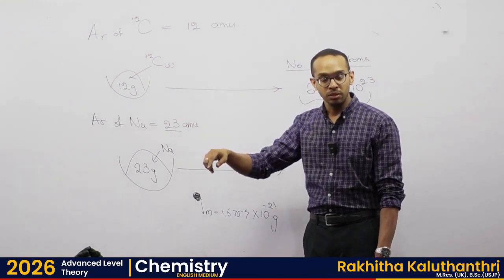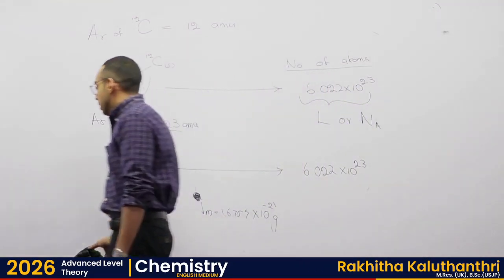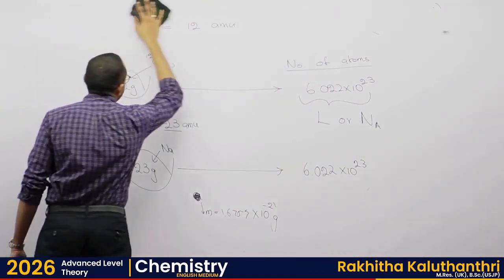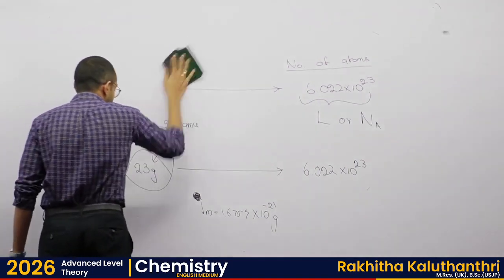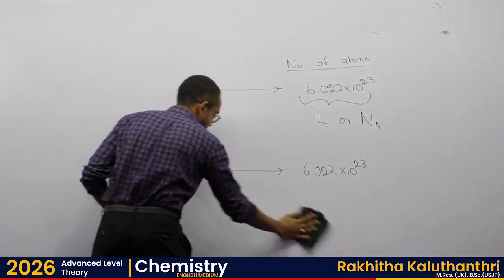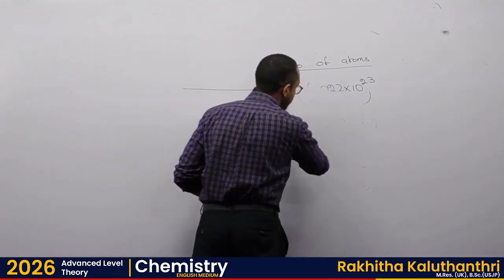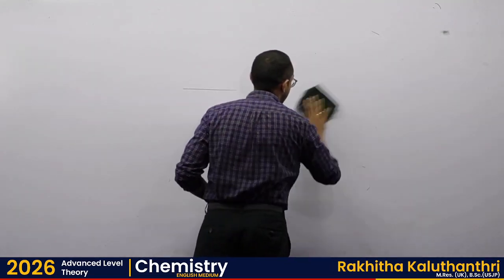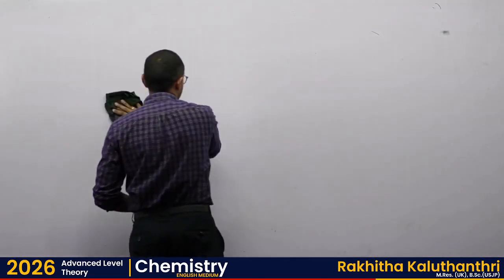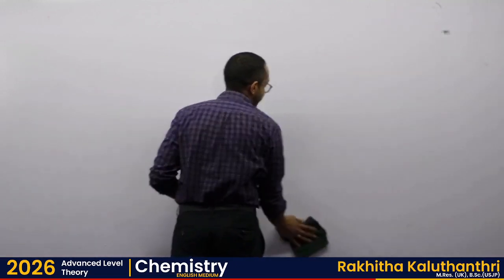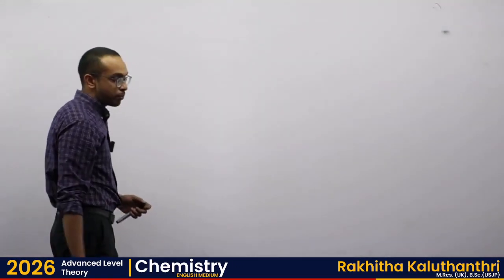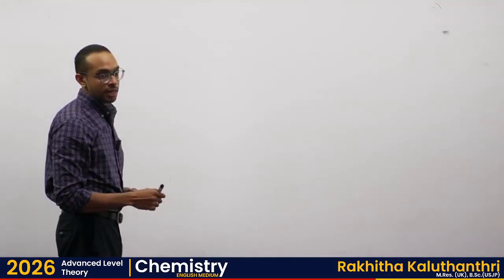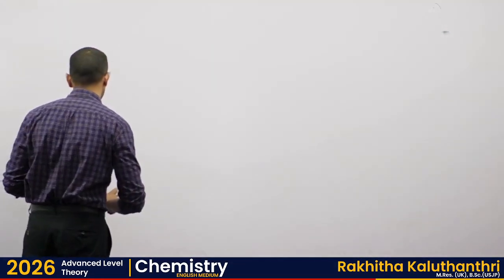Is that understood? So please take down this small table as well. It's a tiny table that I would like for you to take down so that this point gets delivered across. Now write a small subheading, molar mass.